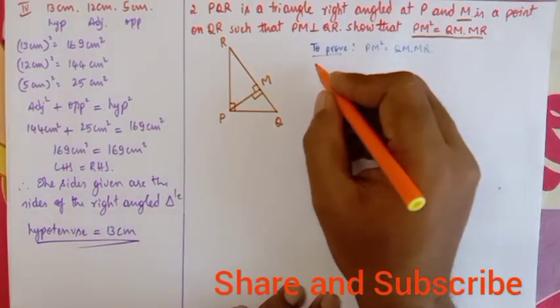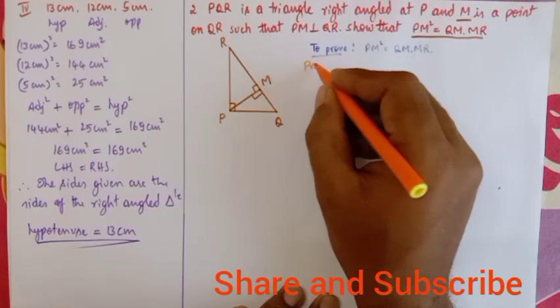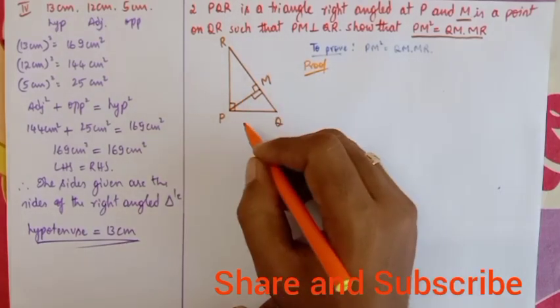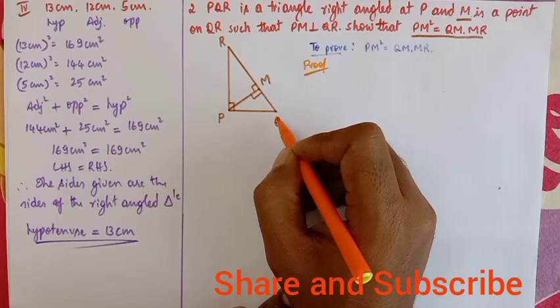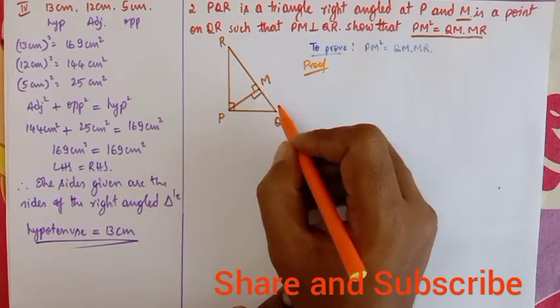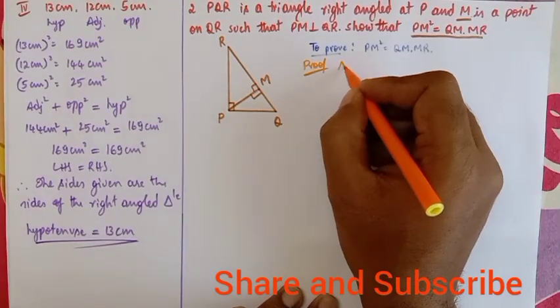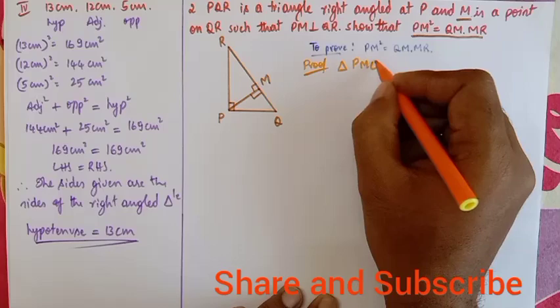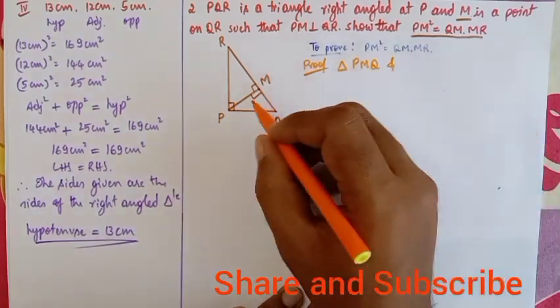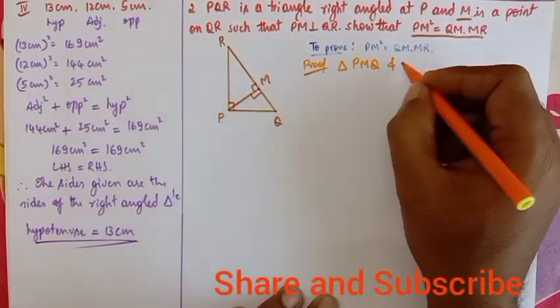Let us take proof. We will be taking the two triangles, that is triangle PMQ and triangle PMR.